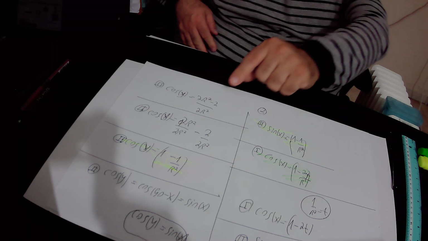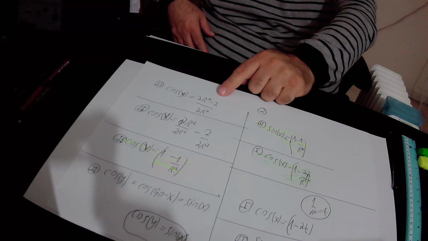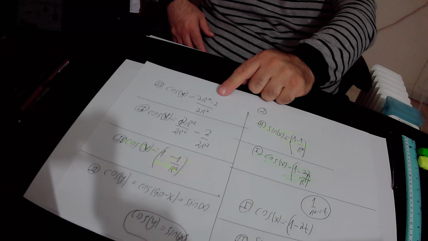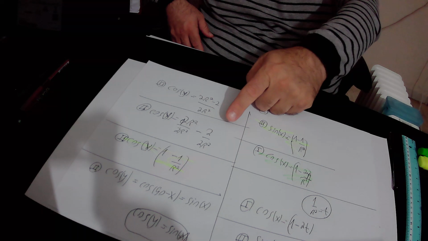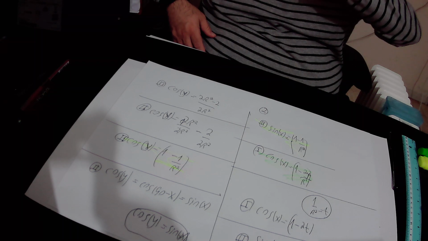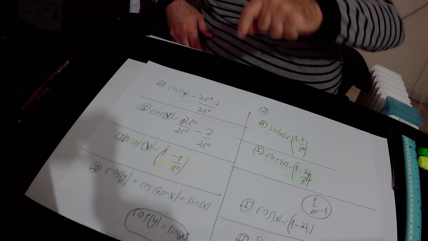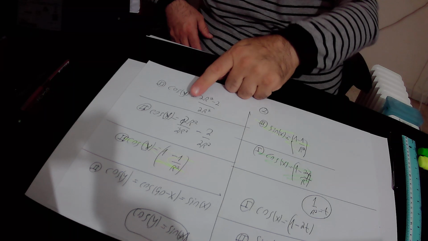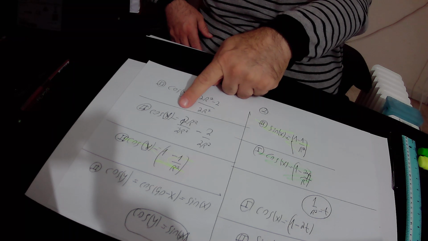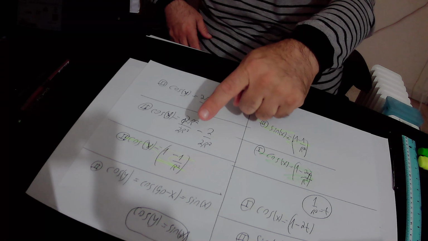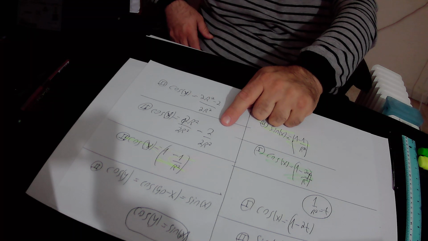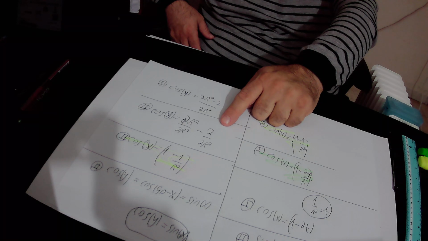Then we split this expression into two parts. The first part is 2r squared over 2r squared, and the second part is minus 2 over 2r squared, equal to cosine y. So 2r squared over 2r squared is 1, minus 2 over 2 is minus 1.